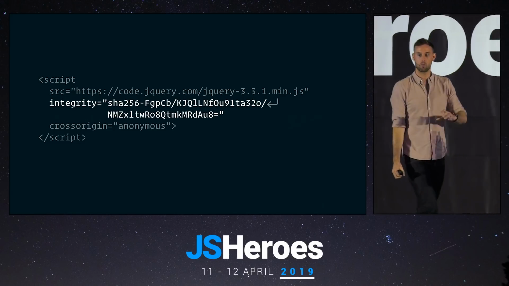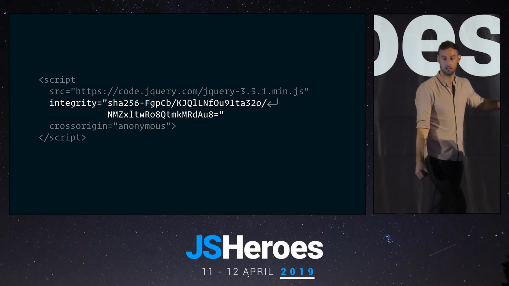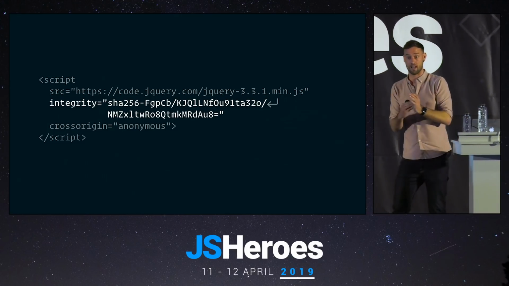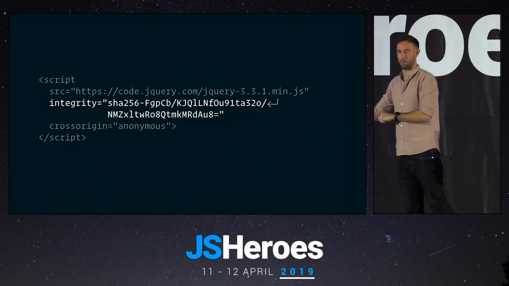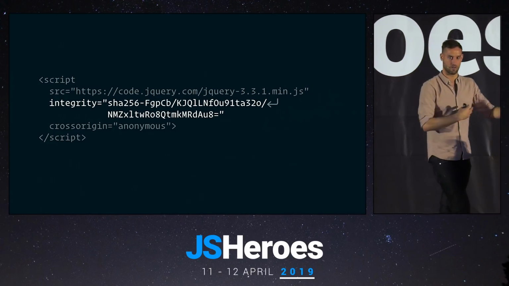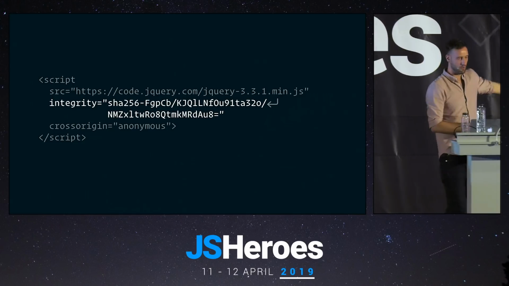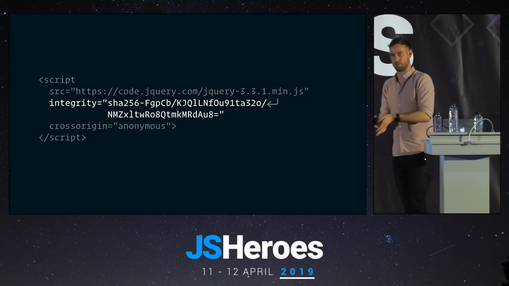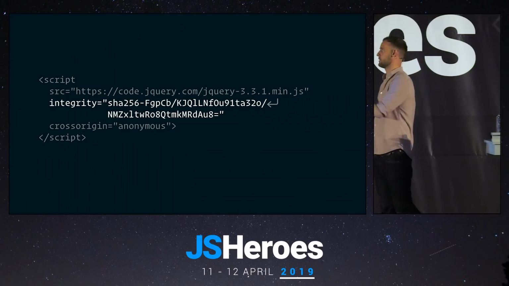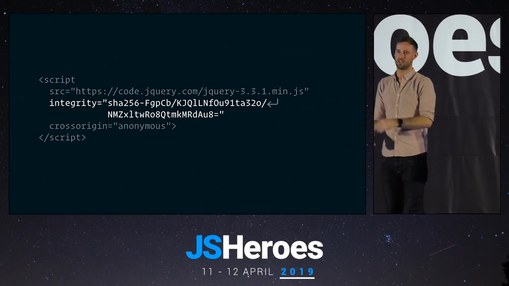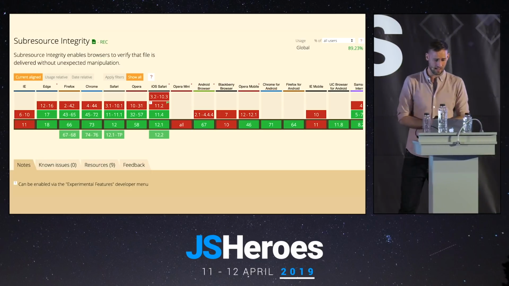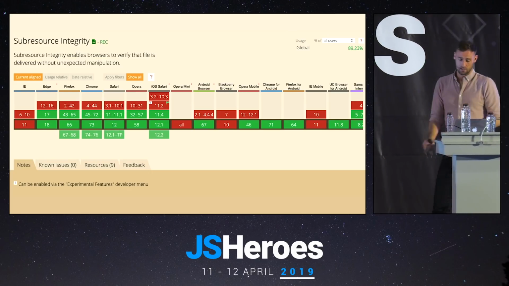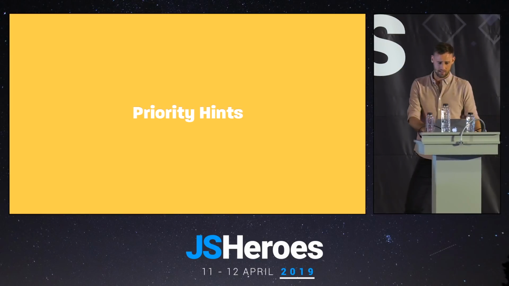This means that if anyone was to hack or proxy or man in the middle code.jquery and inject some nasty stuff on the end of jquery.min.js, this hash will no longer match, and you'll get a console error saying there was a violation. Now, I know what you're thinking: doing this at runtime sounds quite expensive. The average cost for doing this sort of hash checking is around 1 millisecond, so it's well worth doing. SRI support's pretty good.